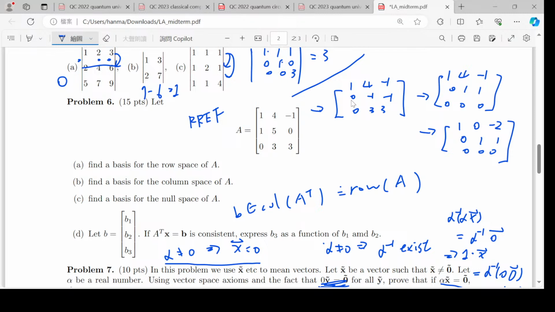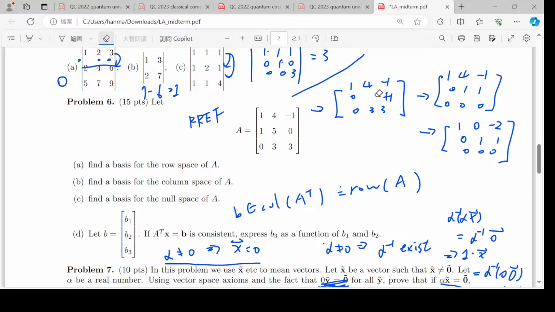Wait, why do I get minus 1? I think I actually got the calculation wrong, but it doesn't matter. You subtract 5 from 4 and it should be plus 1, and you subtract 0 from 0, minus 1 from 0, so it's plus 1 here.